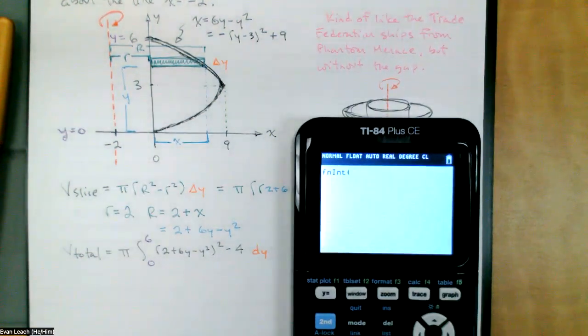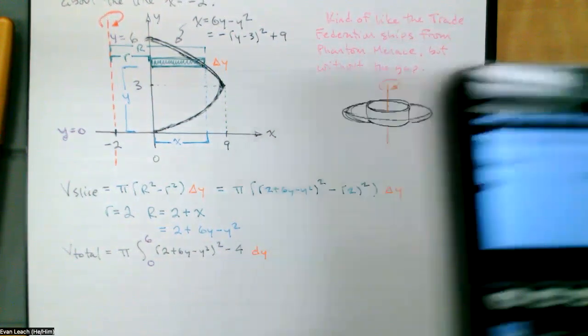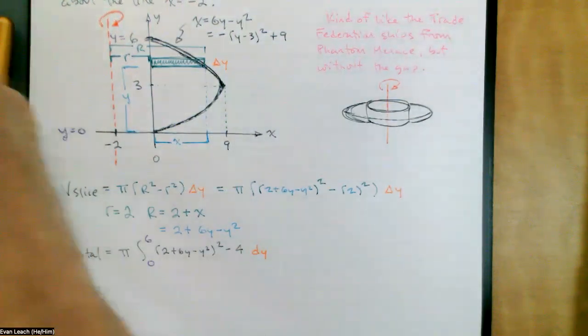So we'll math 9, 2 plus 6y minus y squared, minus 4 with respect to x from 0 to 6. Forgot to multiply by pi. So 403.2 pi. So 1266.7, because I usually request 5 significant figures.